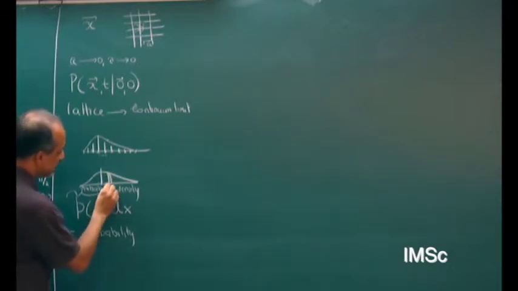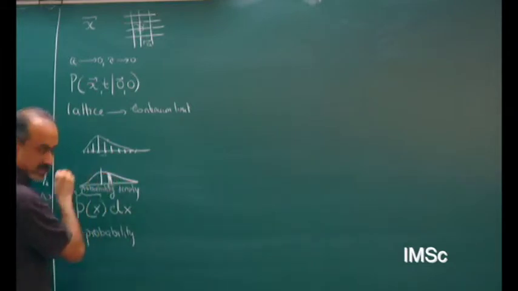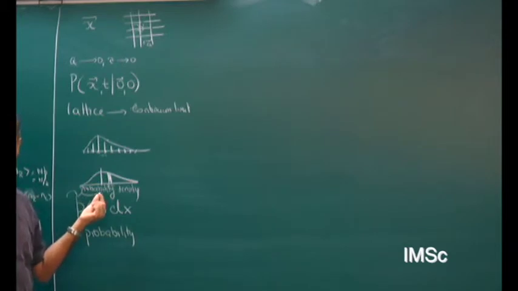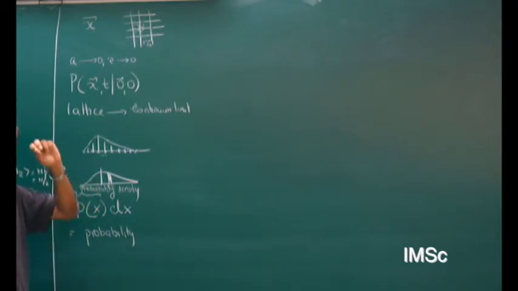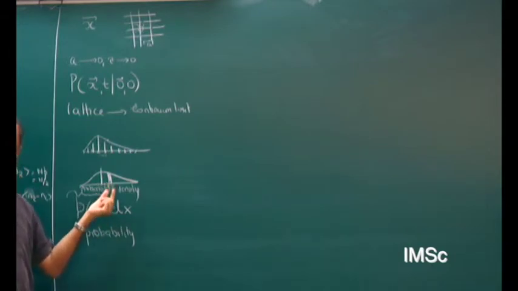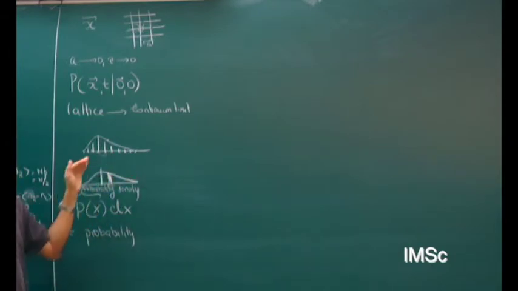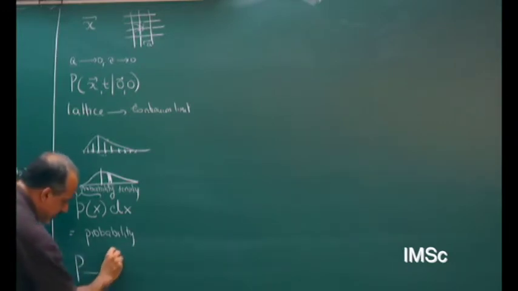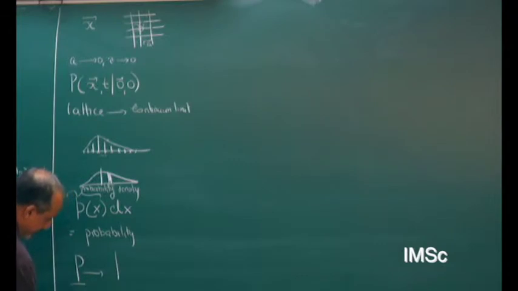So if this point is x, and this point is x plus dx, this is the probability of being somewhere in between. As I make dx smaller and smaller, the probability goes to 0, as it should, because as I said, the question of where it is exactly doesn't really make sense. But in terms of probability, this makes sense if I think of a continuous function. So if you remember, we took the P here, and we divided by a to the power d, and then made it a quantity p.